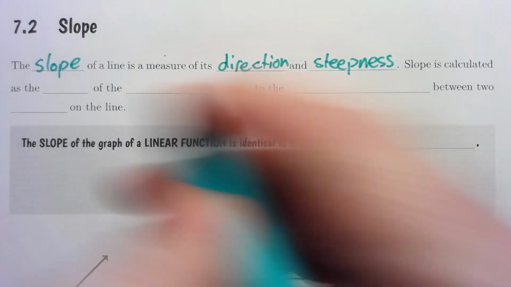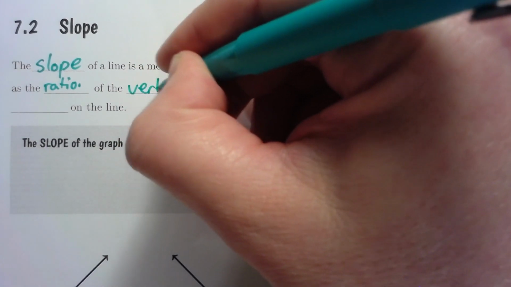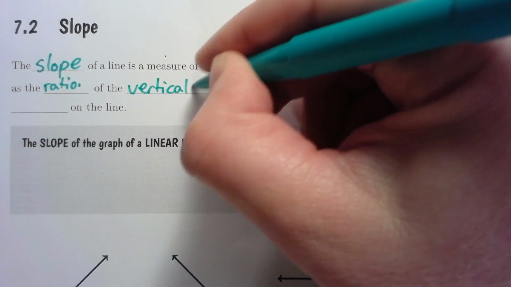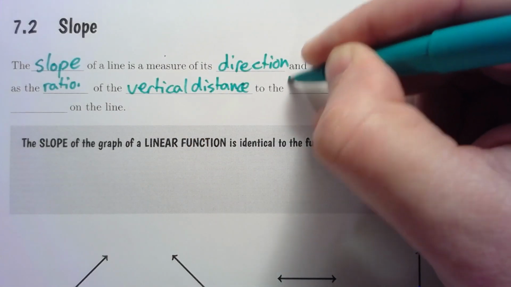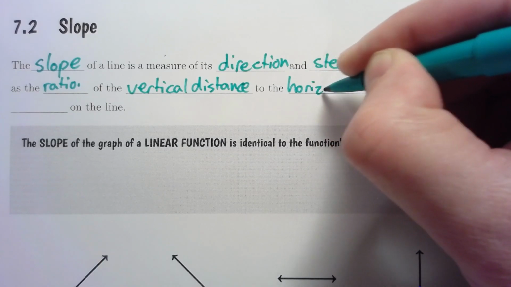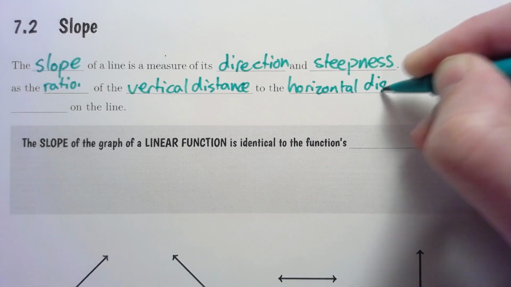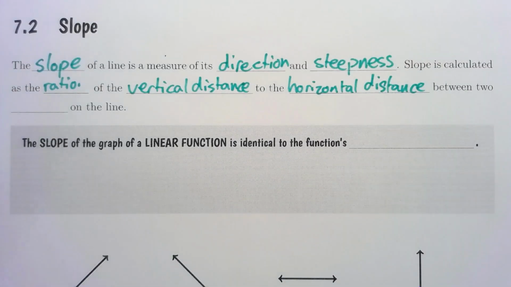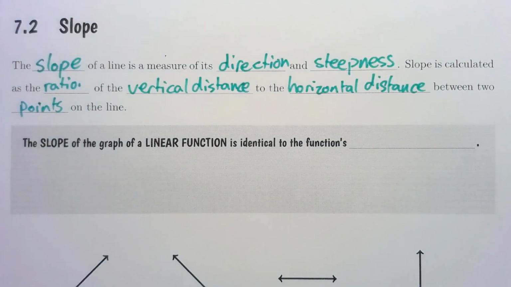Now, slope is calculated as the ratio of the vertical distance to the horizontal distance between 2 points on the line.